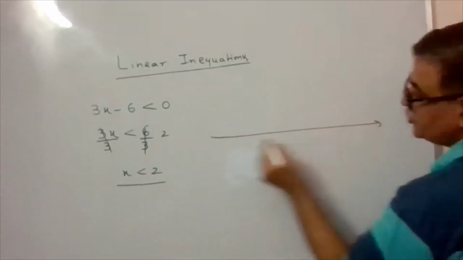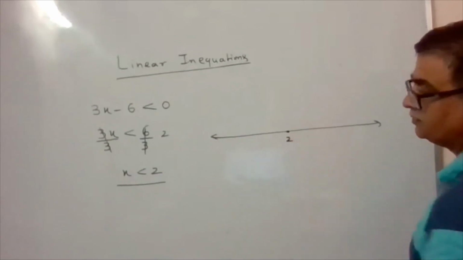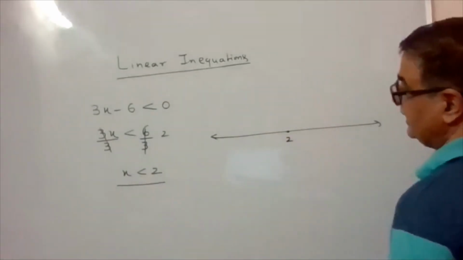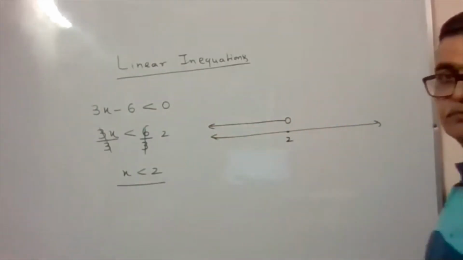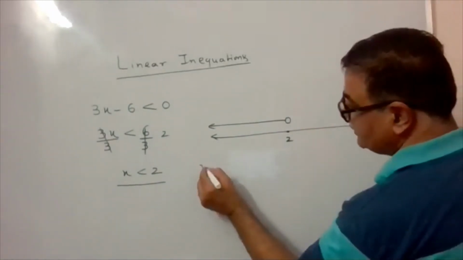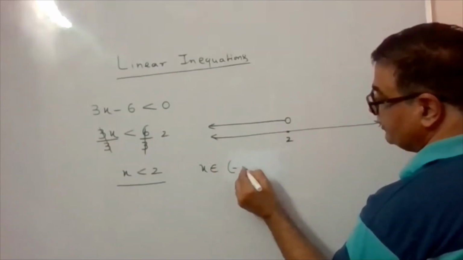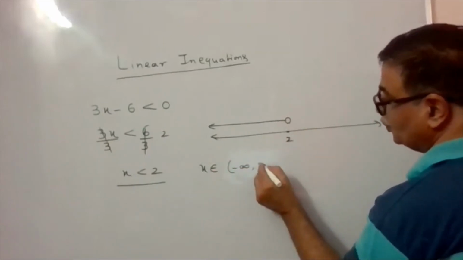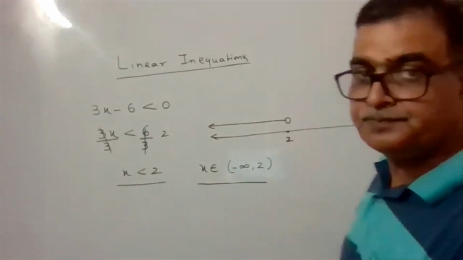If x is less than 2, I'll go on the number line now. This is here 2. What it says, x is less than 2 means we have to work on this side. So what should my answer be in this case? x belongs to, it will start from minus infinity and go to 2. And 2 should be in an open interval.